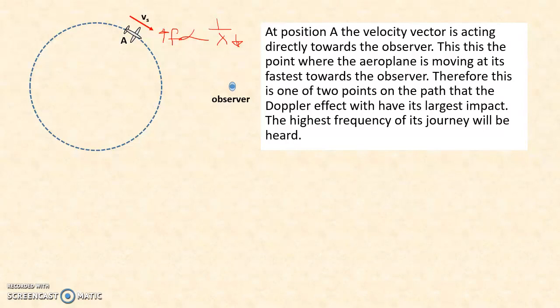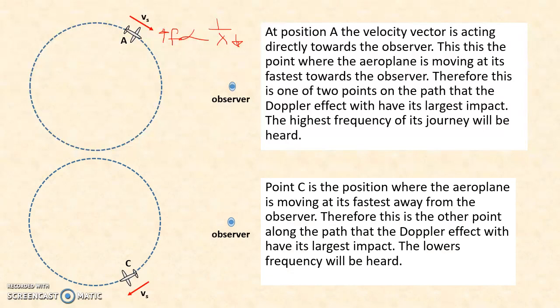So this is the point where it's moving the most towards the observer. There's another point where we have a maximum Doppler effect, and that's at point C. You can see at point C, it's moving directly away from the observer, so our velocity vector is in line with the observer in the direction it's moving. Because the source is moving away from the observer, it's moving away from the wavefronts, which are going towards the observer, and the wavefronts spread out.